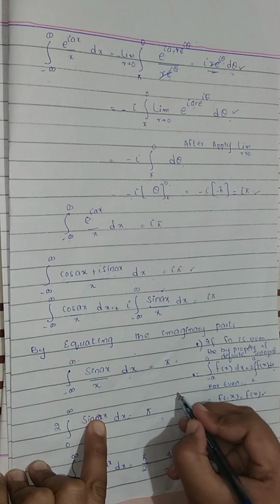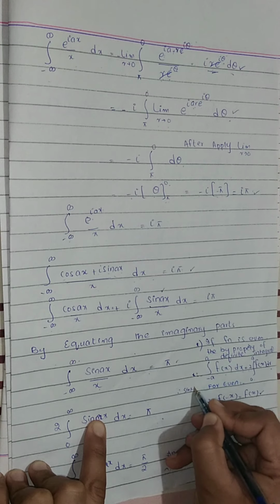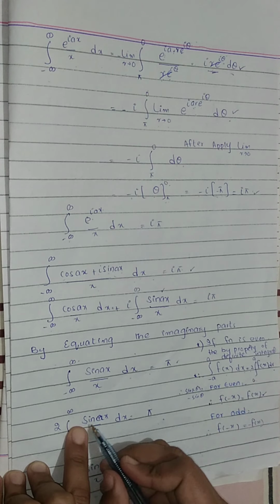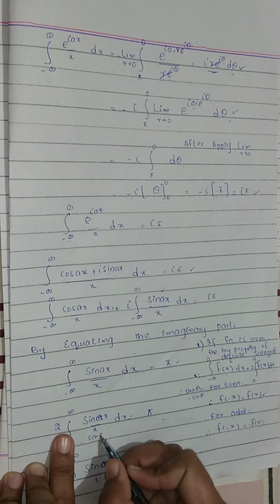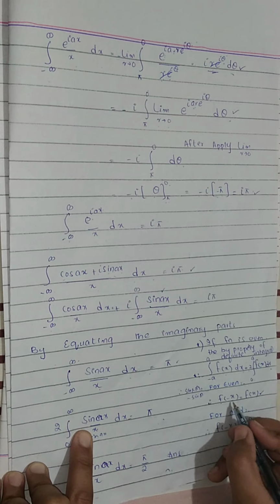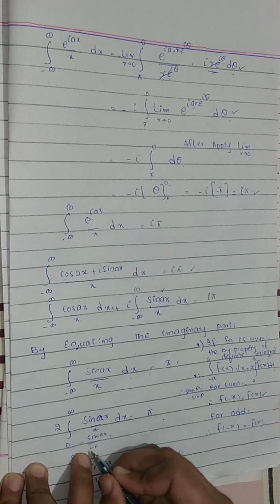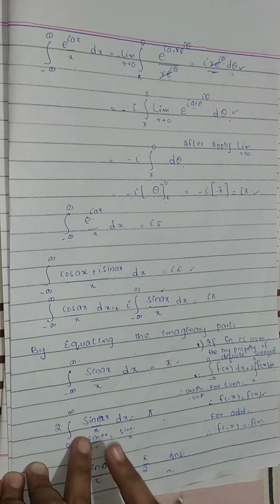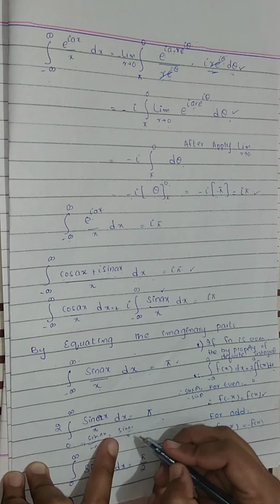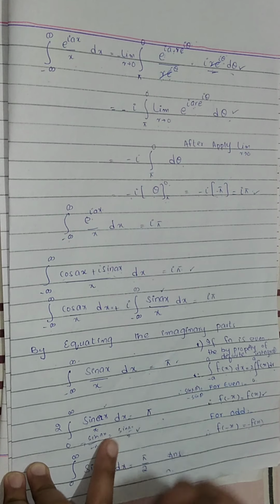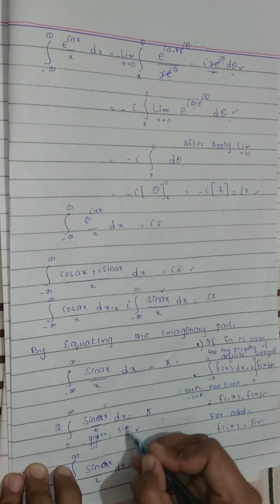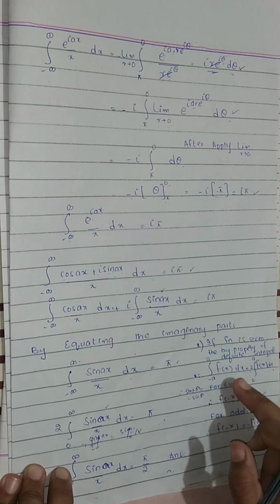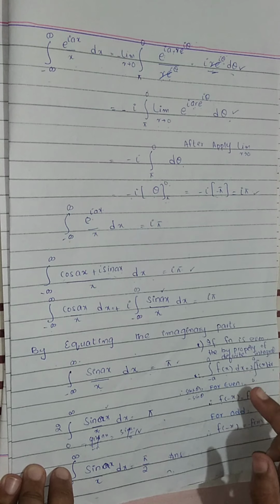We put minus x in sin ax over x. We know that sin(−θ) is equal to minus sin θ, so it will become minus sin ax over minus x, so minus minus cancels out, and we have sin ax/x. After putting minus x, we get the same function again, so it is an even function.